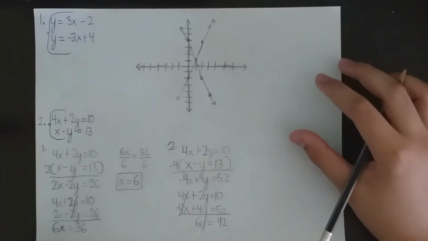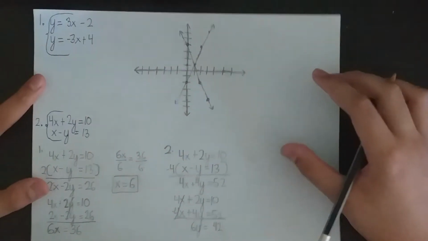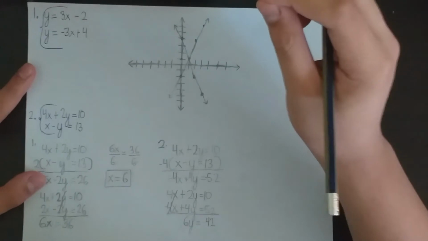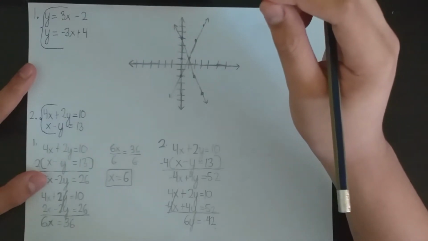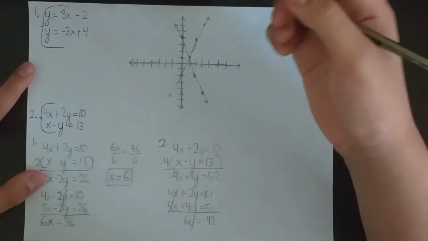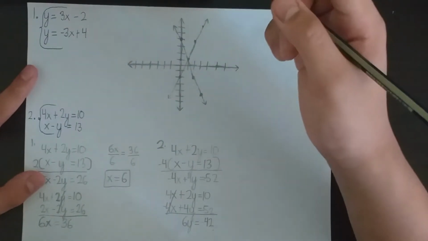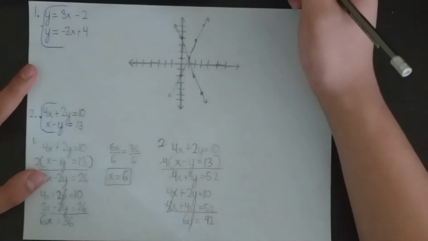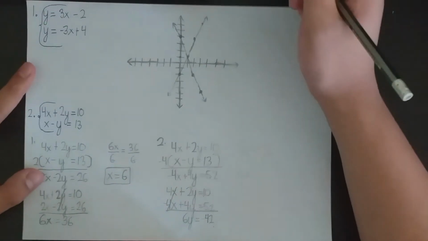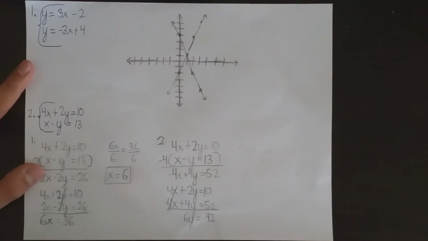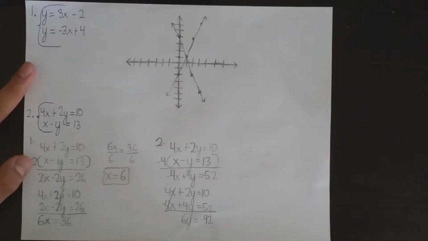For our second, we will be looking for y, and this time we will be multiplying the second equation by negative 4 to be compatible with the 4x in the first equation. So negative 4x plus 4y equals negative 52 will be combined with the first equation, like when looking for x.